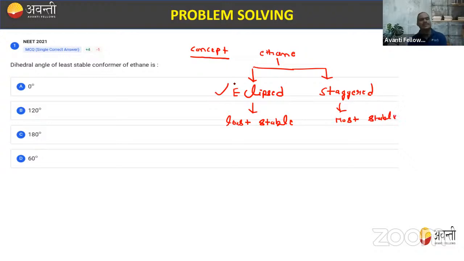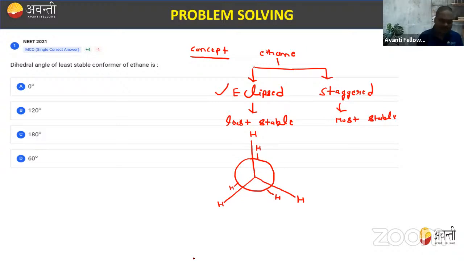Because they are asking dihedral angle of the least stable. So let me draw the diagram for this. So we have an eclipsed form like this, right? Here we have one H, another one H. ठीक है, and here we have another one H, and here we have H, right?